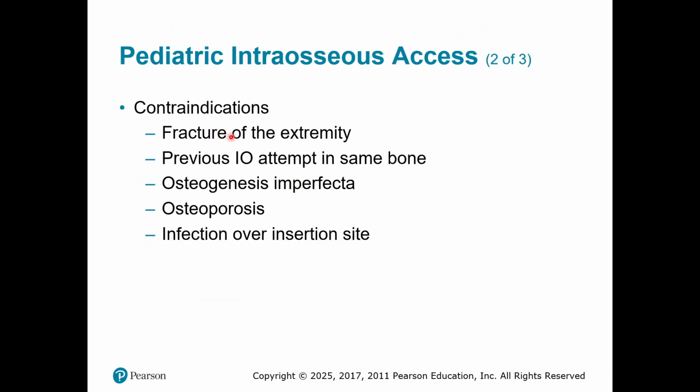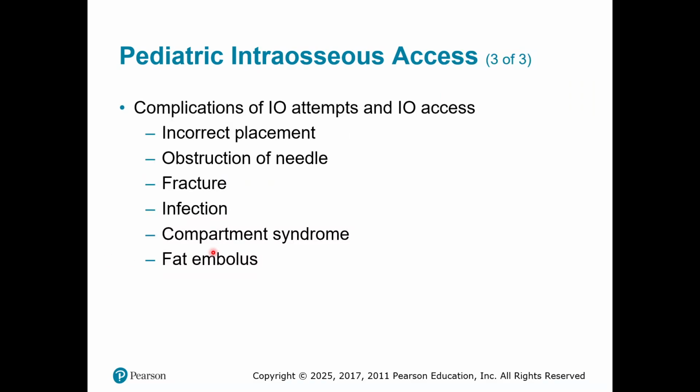We'll talk about the contraindications: a fracture of the extremity, a previous IO attempt in the same bone, osteogenesis imperfecta, where the bone's deformed from some type of genetic reason, osteoporosis, or infection over the insertion site. Complications of IO attempts: incorrect placement, obstruction of needle, fracture, infection, compartment syndrome, and fat emboli.